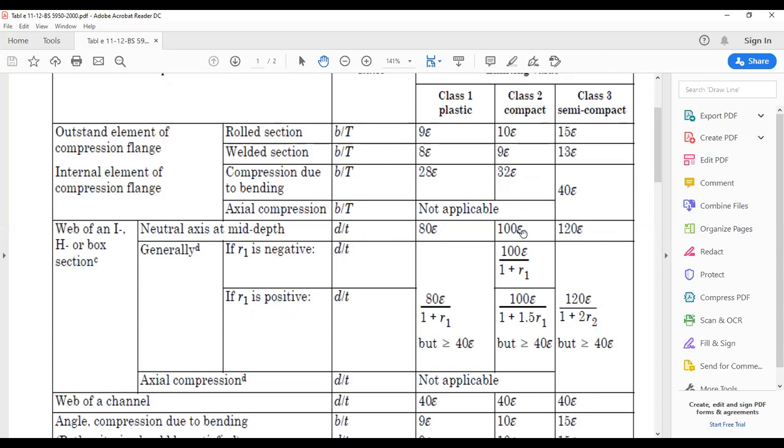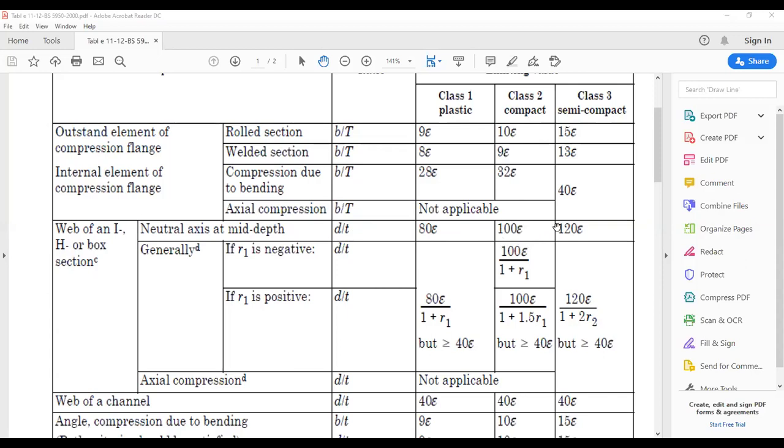And these are ratios. If d over t does not exceed 80 times epsilon, then your section will automatically be plastic. But if 80 times epsilon is less than the ratio d over t, and it does not exceed 100 times epsilon, then automatically your section will be compact.